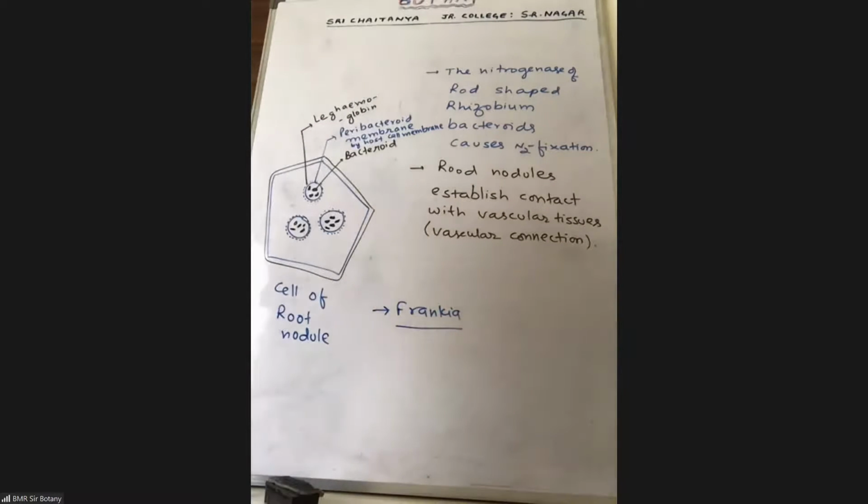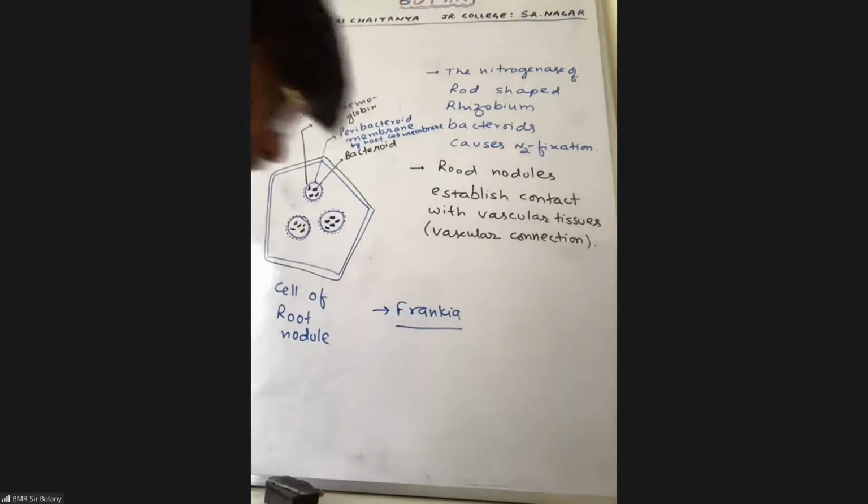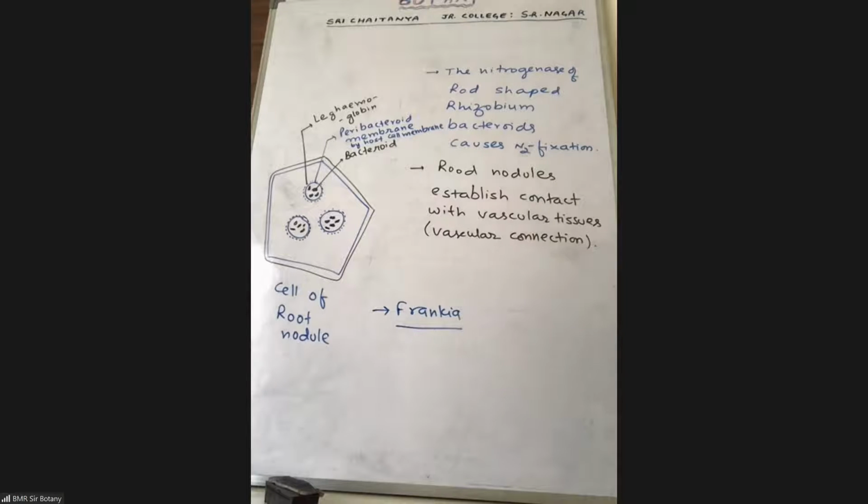Was it Archaeobacterium, Cyanobacterium, Actinomycete or Eubacterium? They are fungi-like, I gave you a clue. Actinomycetes, filamentous bacteria. Frankia also, where it is free living in the soil, is aerobic. Where it is in the root nodule, it is anaerobic.